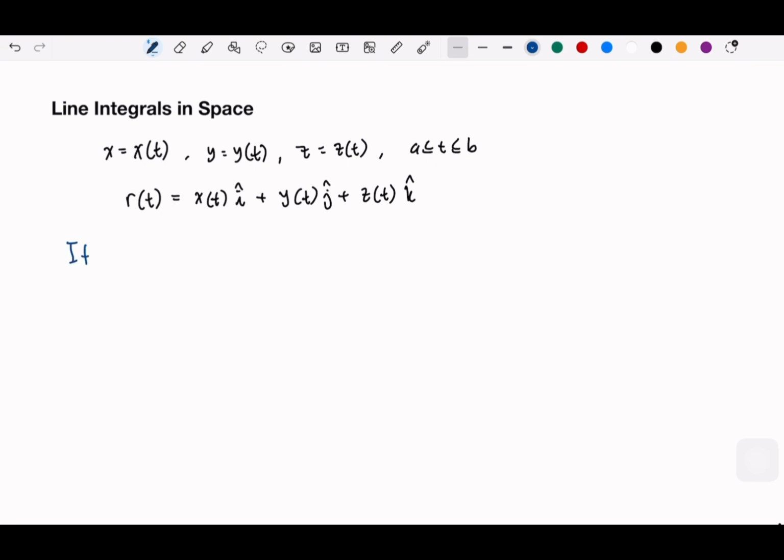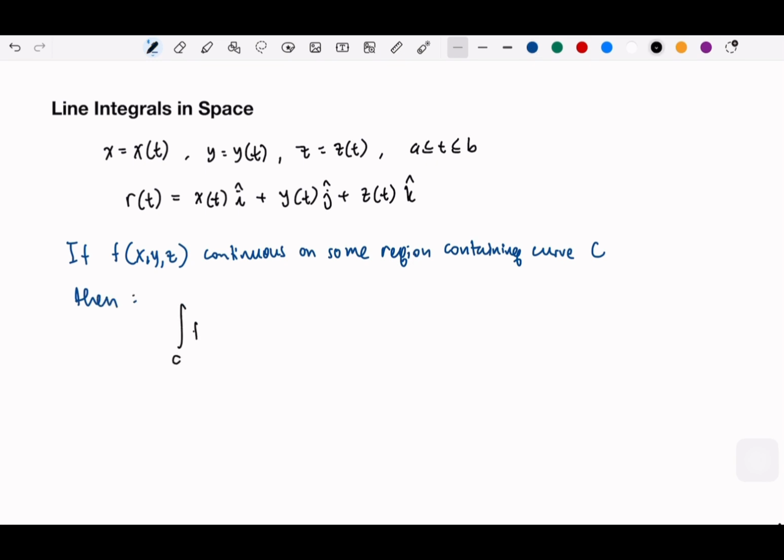And we say that if f(x, y, z) is continuous on some region containing the curve C, then we define the line integral of f(x, y, z) ds as a limit.